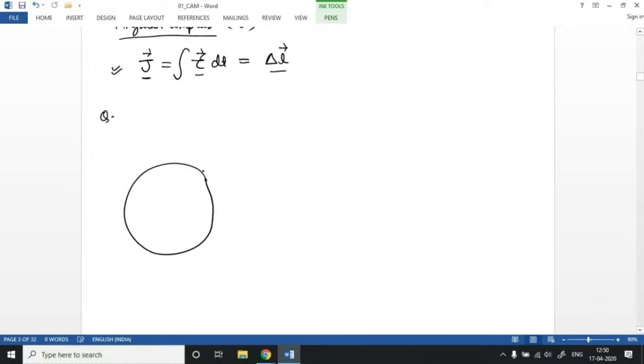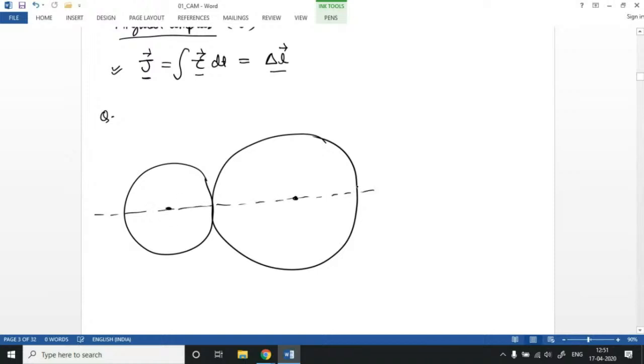So we have one disk like this and we have another disk like this, and this is the common normal at the point of contact. Let's say this is C1 and this is C2. The radius of this disk is r and the radius of this disk is 2r, and the moment of inertia of the smaller disk is say I, and this is for example 2I.